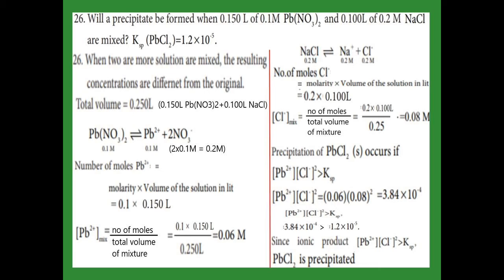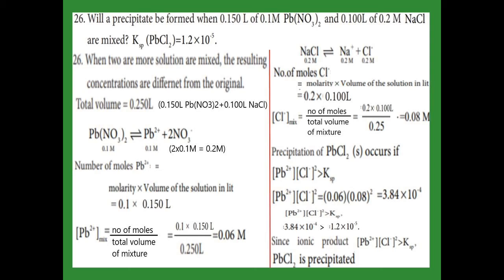Now we have to find the number of moles of Pb²⁺ to calculate the concentration of Pb²⁺. The number of moles formula is molarity times volume of the lead nitrate solution. Molarity is given as 0.1 in the problem, and the volume of lead nitrate is given as 0.15 liter. Then the concentration of Pb²⁺ in the mixture. See the word mixture: mixture means we have to use the total volume, not the individual volume of lead nitrate.